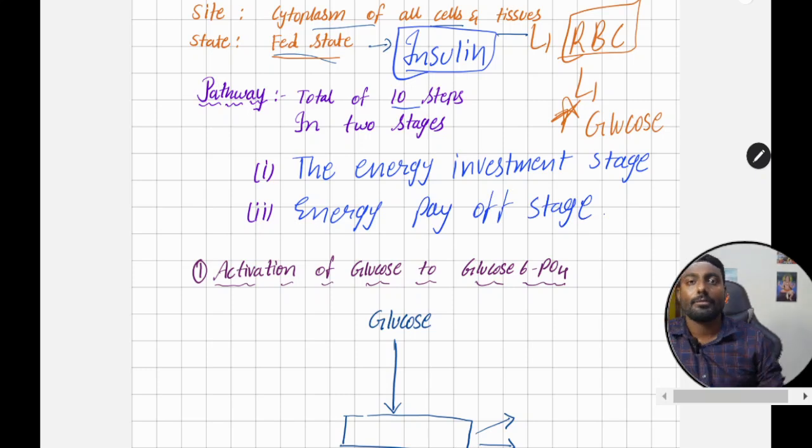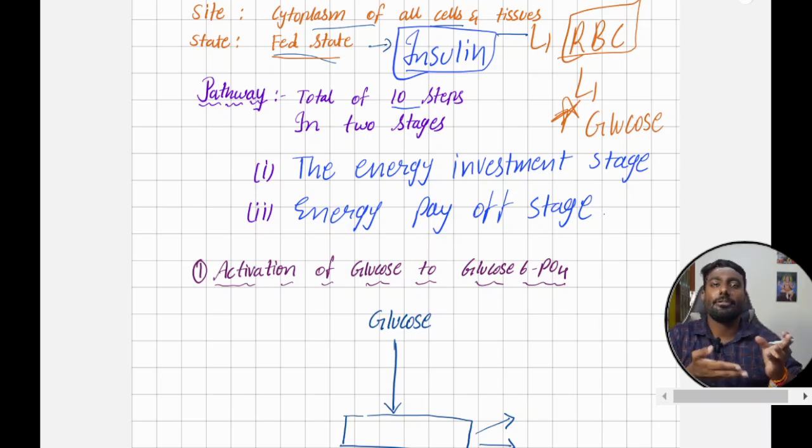Okay. So what is happening in this energy investment phase? A bit of energy is utilized in the starting reactions of glycolysis, and a bit of energy is released in the later part of the reactions. Okay. So here energy is invested in the form of your ATP getting converted into ADP.